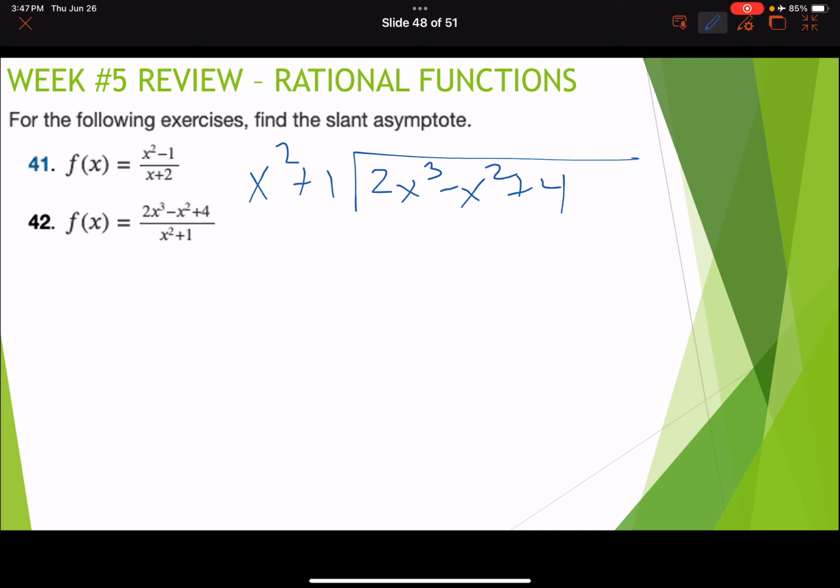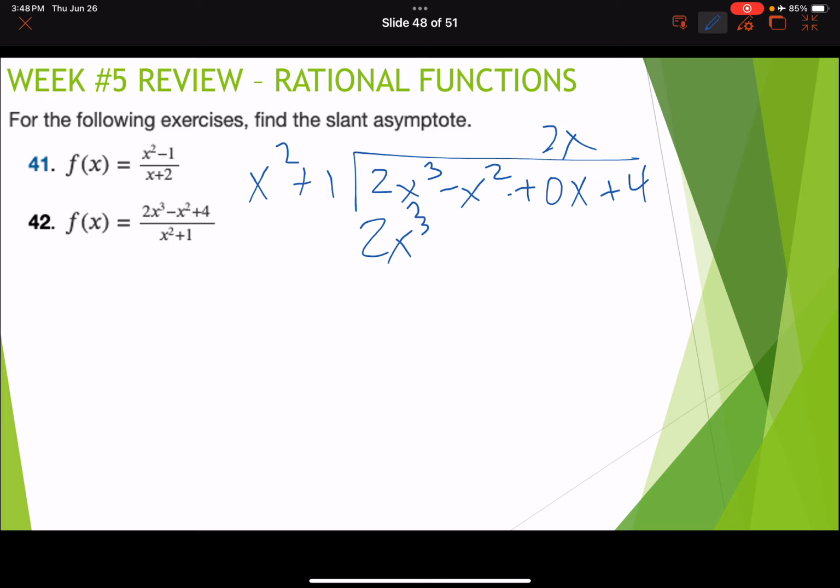So how do you make x squared be 2x cubed? You multiply it by, oops, I forgot something in there. I forgot that we needed to have a plus 0x plus 4. We have to multiply it by 2x.